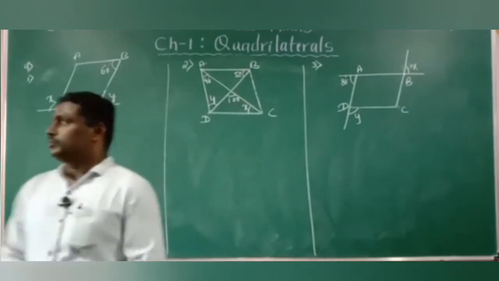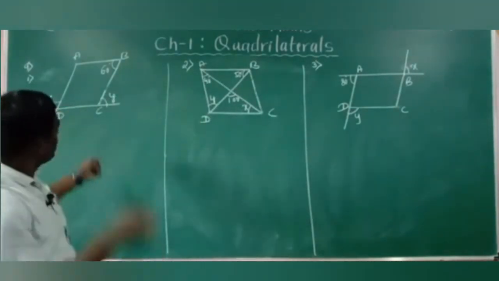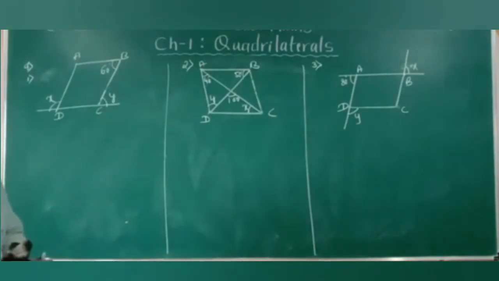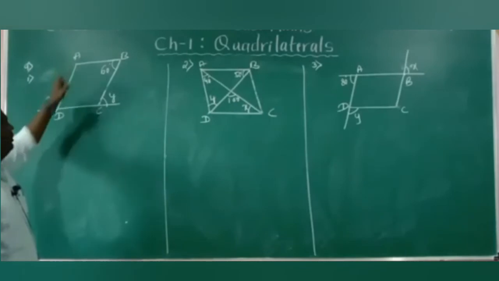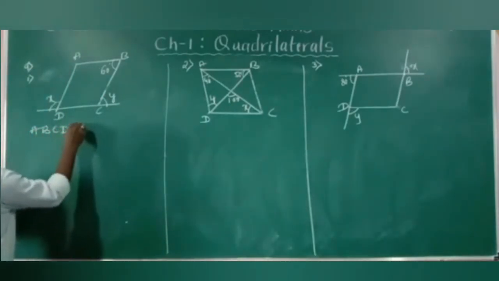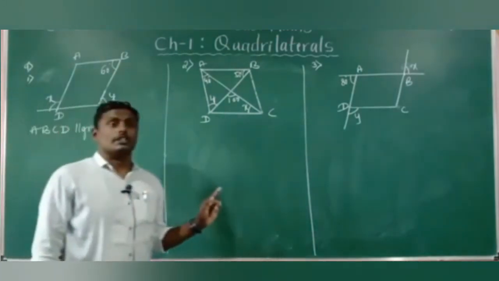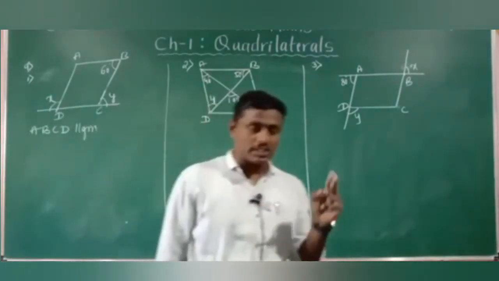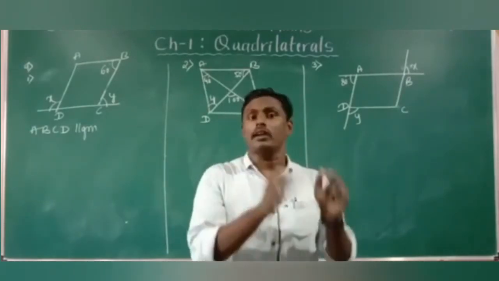Listen here. By using these properties, you can easily calculate the x and y values. Okay, here ABCD is a parallelogram. Parallelogram means two pairs of opposite sides are equal and parallel. Not only equal, they are parallel also.